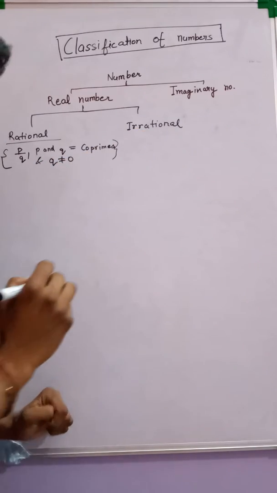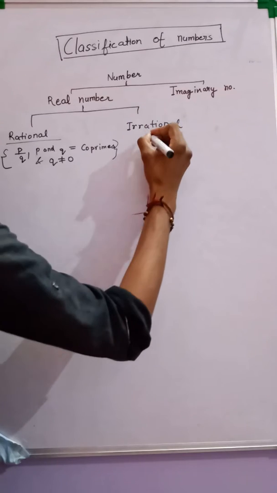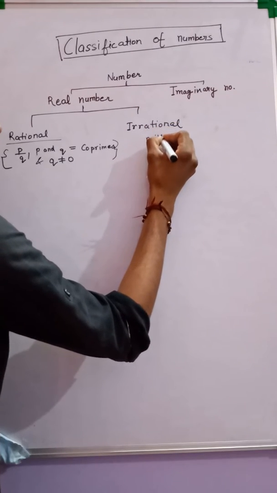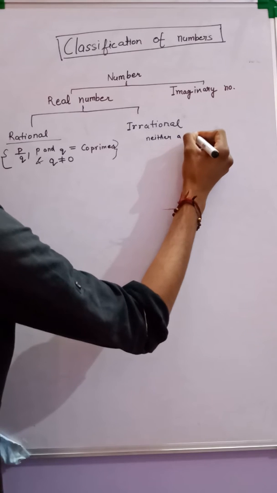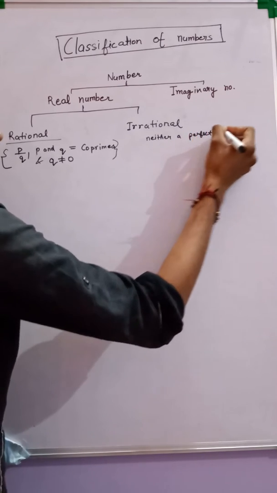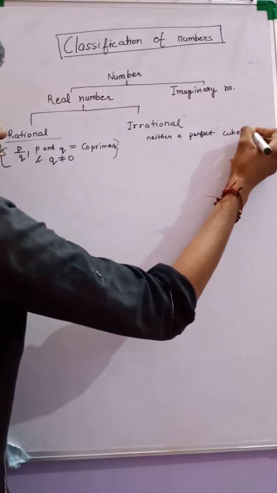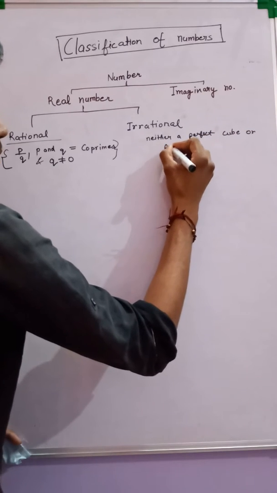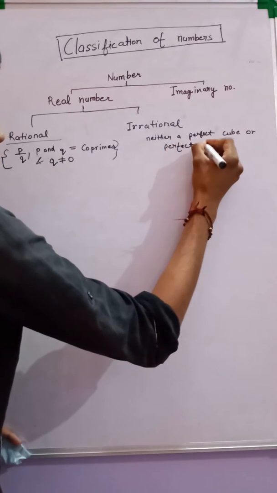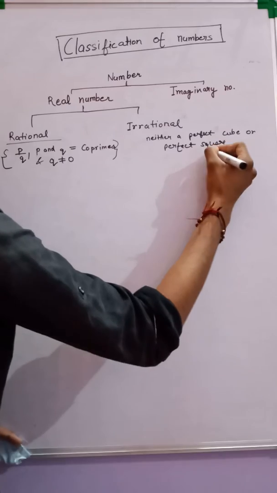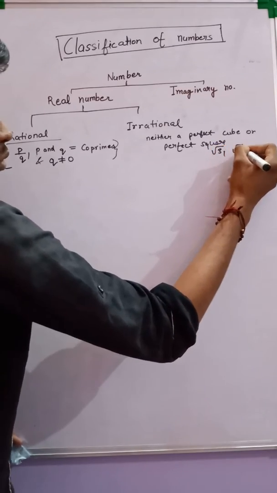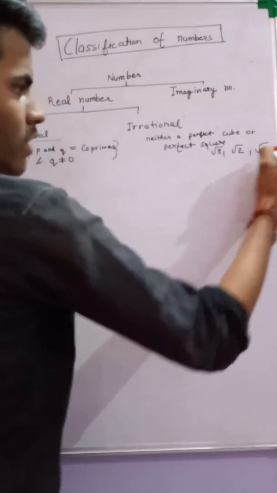What do you mean by irrational number? A number which is neither a perfect cube nor a perfect square, like root 3, root 2, root 7.